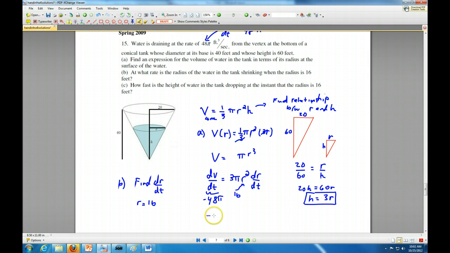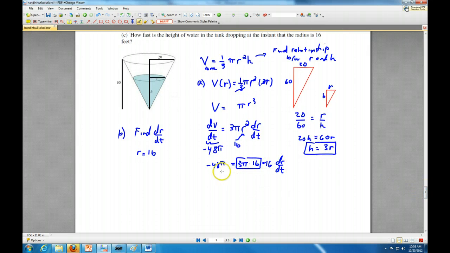So negative 48 pi is 3 pi times 16 times 16, I'll write it like that on purpose, times dr/dt. And this is 48 pi. And so we go and divide. We end up with 48 pi times 16.